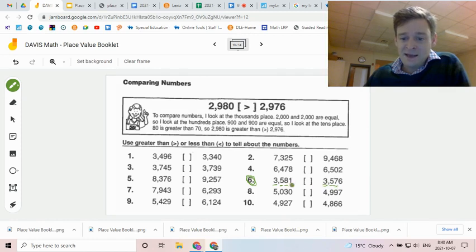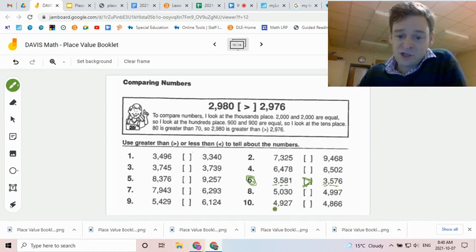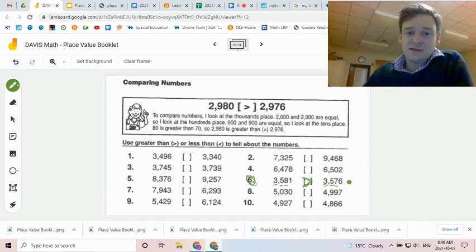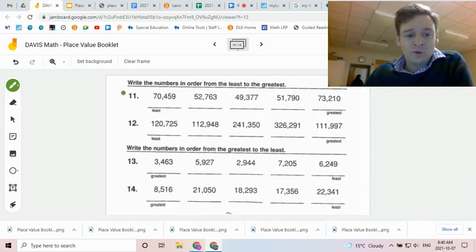The first number has an 8, and the second number has a 7. So 8 is larger than 7. Our alligator is going to want that plate of cookies over there. So I'm going to point my greater than symbol. So 3,581 is greater than 3,576.